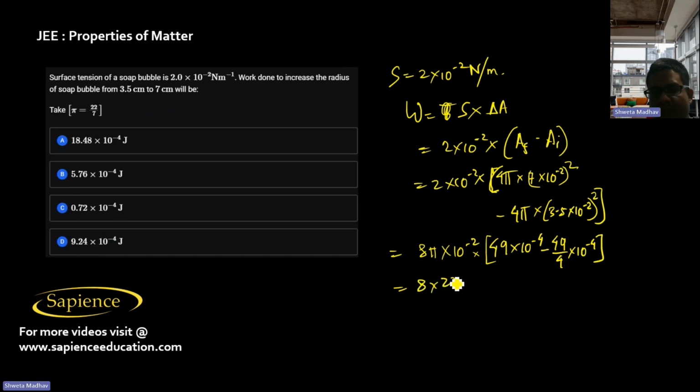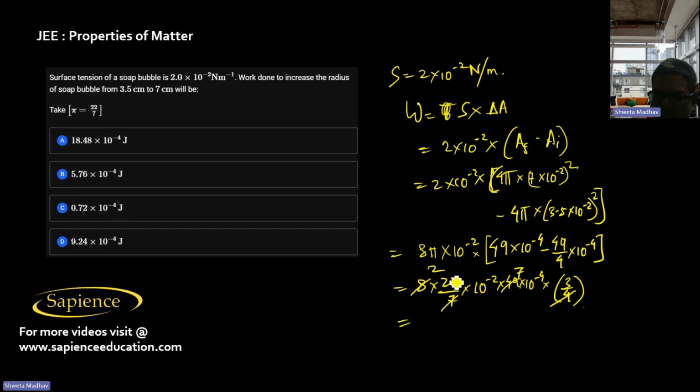So 8 into 22 by 7 into 10 power minus 2 into 49 into 10 power minus 4 into 1 minus 1 by 4, that is 3 by 4. 7 sevens are 49, 4 to the 8.